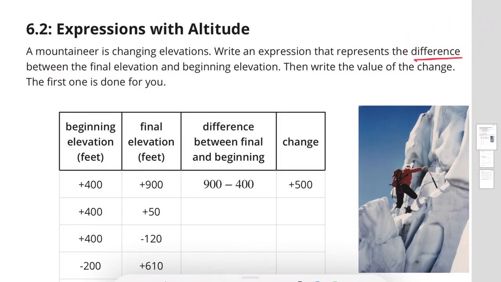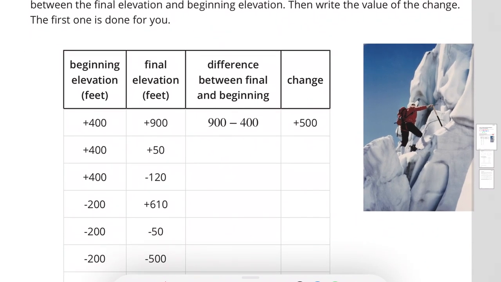It's important to know that difference means I'm going to be subtracting. So we have a beginning elevation of 400 feet, and our final elevation is positive 50 feet. To find the difference, it would be my final minus my beginning.